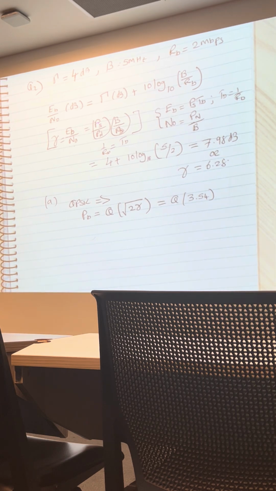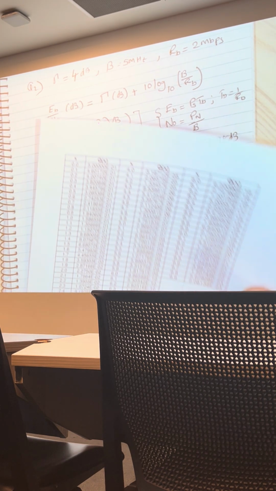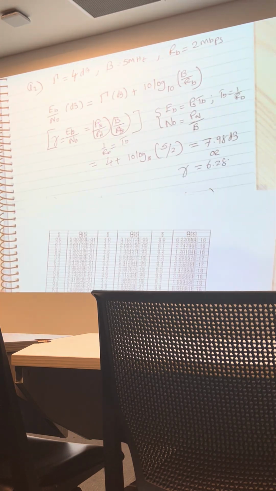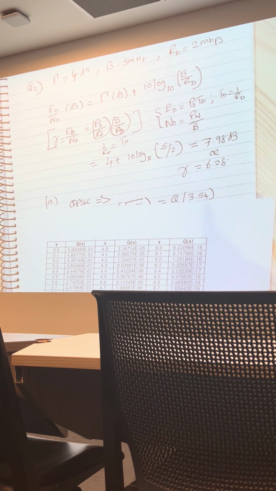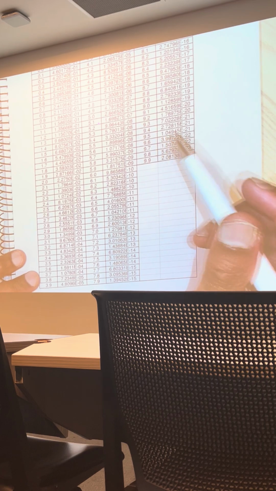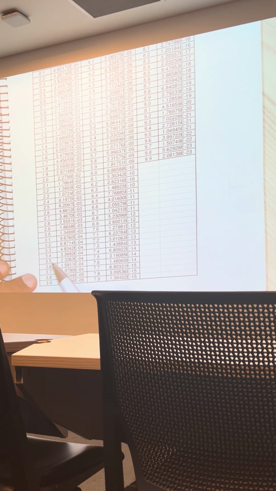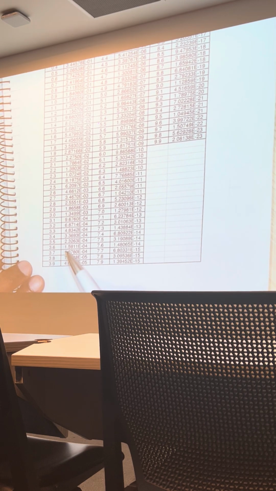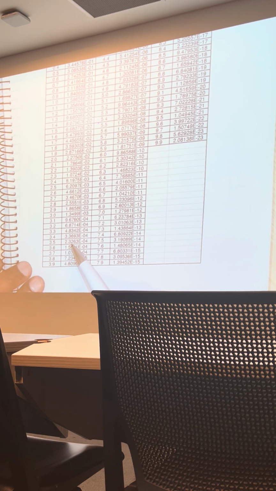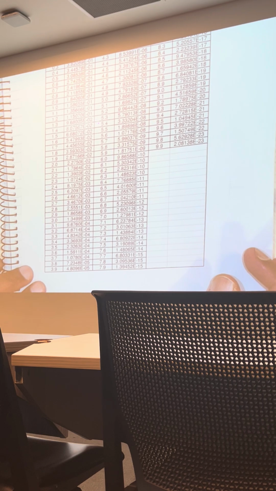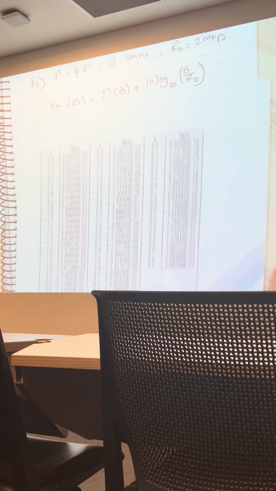If you use the Q table, Q of 3.54 gives 2.32 into 10 to the minus 4. Right, 2.32 into 10 to the minus 4.